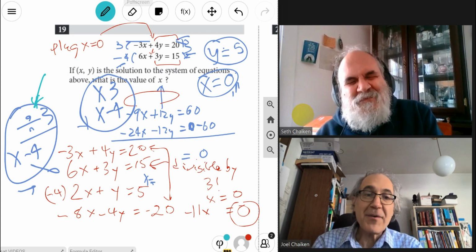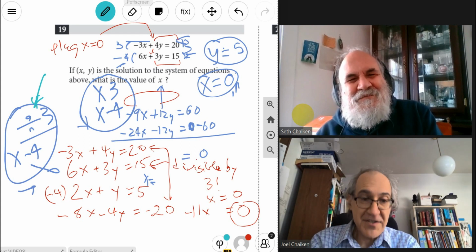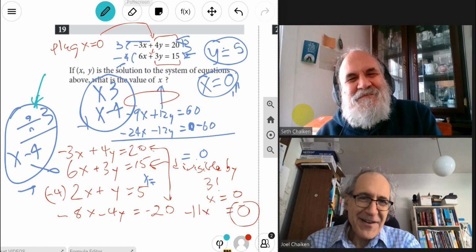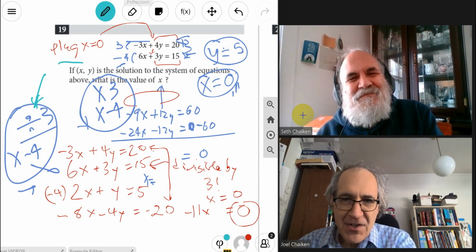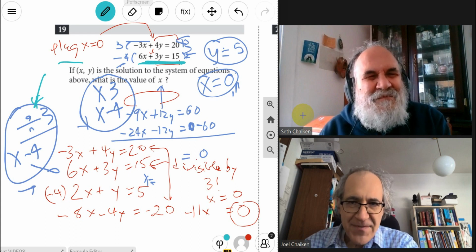To argue on your side, I didn't really blow it. But whenever you see equations like these, it's always a good idea to pull out the GCF. Always a good idea to factor equations if you can. Seth was very observant.